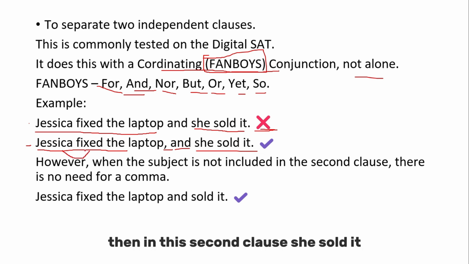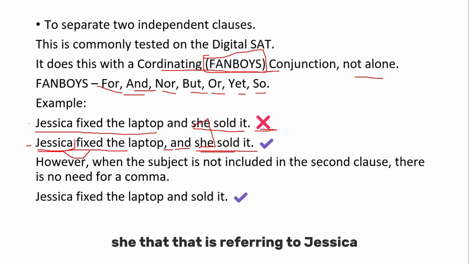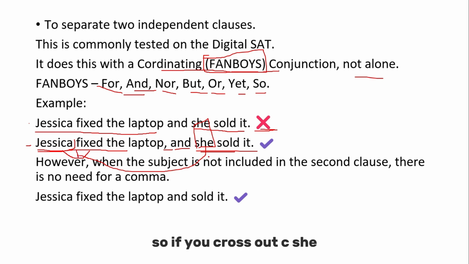Then in this second clause, she sold it. So she is the one that sold it. She, a pronoun referring to the noun Jessica, is the subject of this second clause. So if you cross out the word she from this sentence, you're not gonna need a comma.